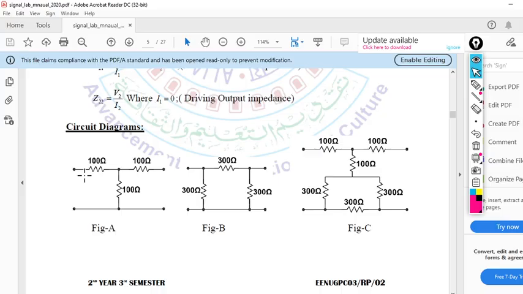Whatever the source provides, 10 volt is written there, but that doesn't mean it is 10 volt. You have to check using a multimeter. If your multimeter shows 10 volt, then you can take this voltage. Otherwise you have to tune the voltage properly so that you get 10 volt on your multimeter. So whatever voltage you provide through the DC source, you have to check through a multimeter. That I will not tell you again.